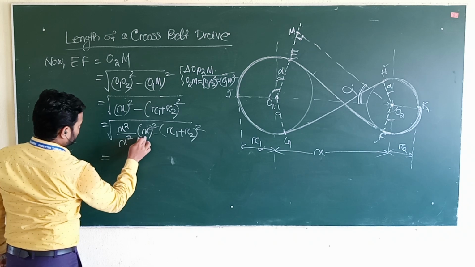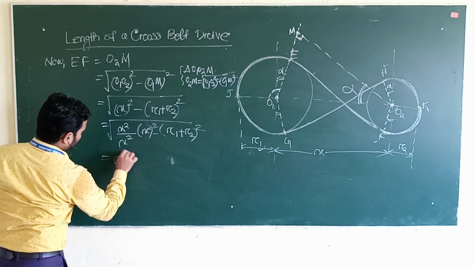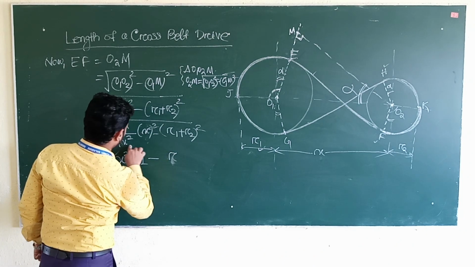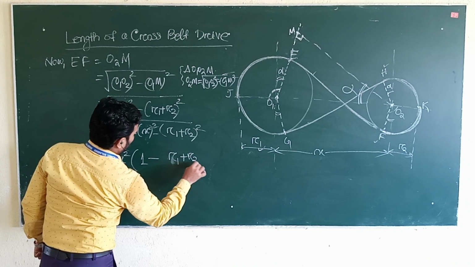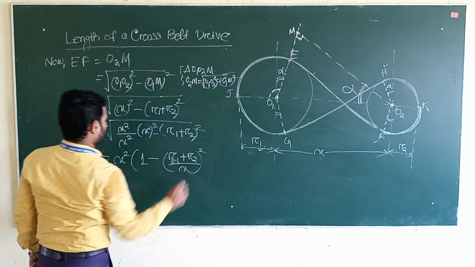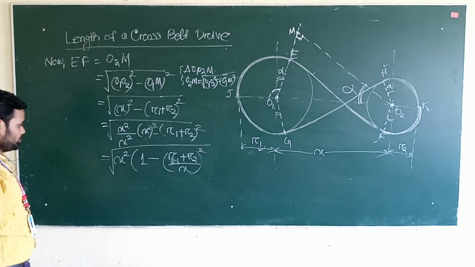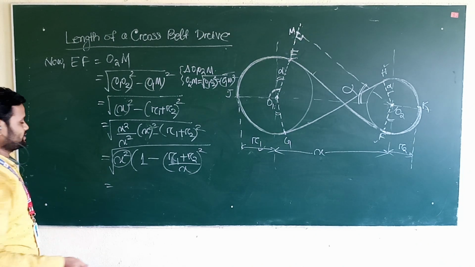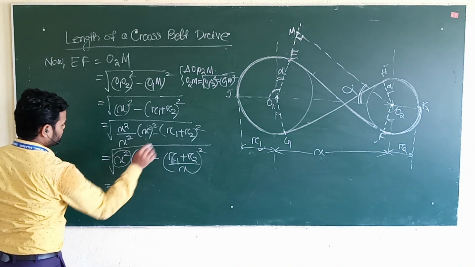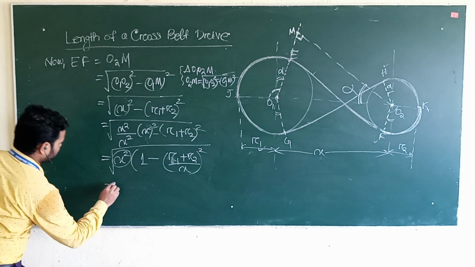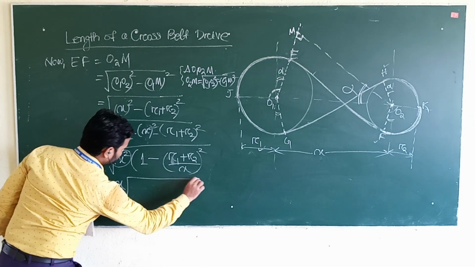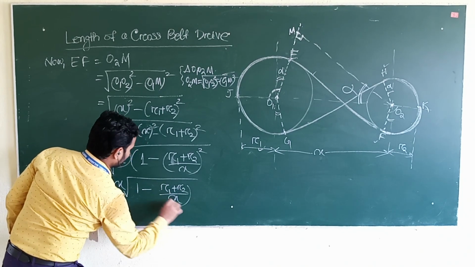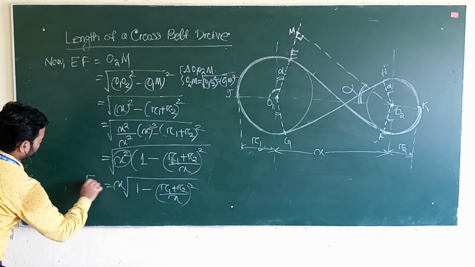Dividing by x square, x square comes outside, and x square by x square is 1, minus (R1 plus R2 by x) whole square, all under the root. Taking x square outside the root, it becomes x. So it becomes x root over 1 minus (R1 plus R2 divided by x) square. This is the value of EF.